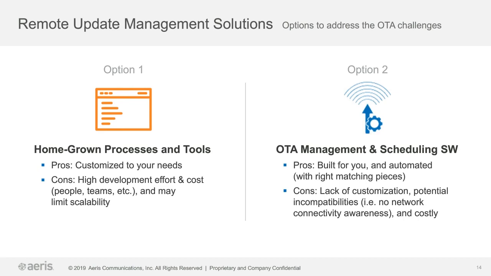And they may not have visibility into the network, and they may not be able to tell you, for example, if there's going to be congestion issues for that device, given everything else that is going on, and is it connected, is it not connected, all of that. The connectivity awareness can still be a very important capability that some of those third-party tools do not address.